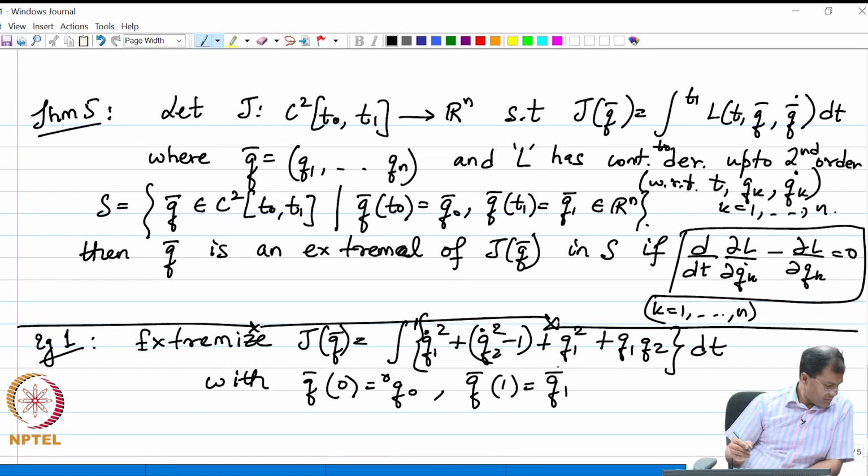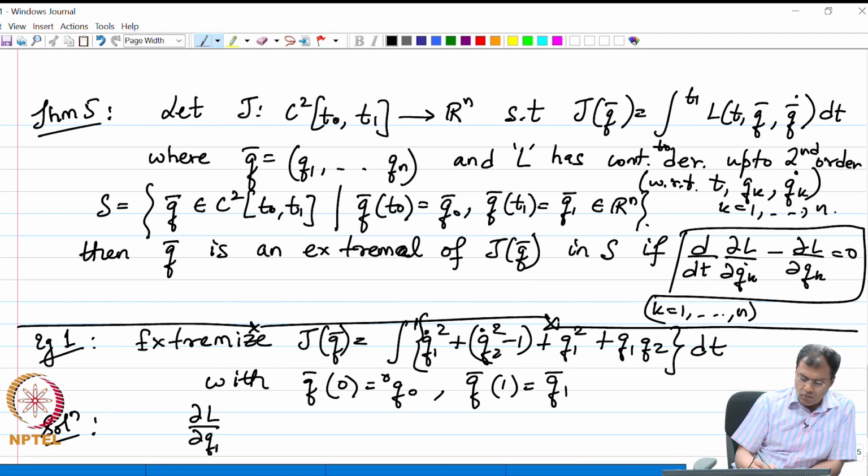Then to find the extremals we have to write down two Euler-Lagrange equations. Before we do that, let me write down the various derivatives involved in the Euler-Lagrange equations. The first one is del L del q1 dot: differentiating with respect to q1 dot, we get 2 q1 dot.